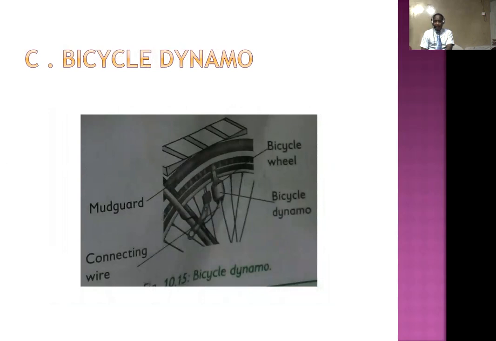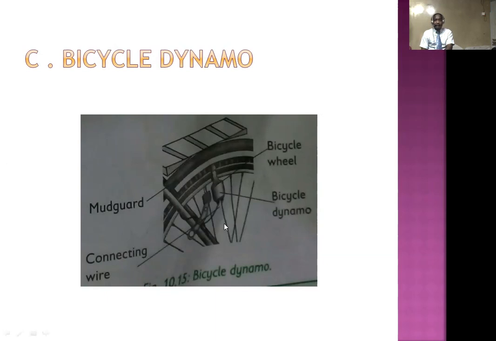It has a knob that rotates when the bicycle is moving to produce electricity. If you look properly, we have parts of the bicycle. We have the mudguard. The mudguard prevents the bicycle from spraying mud onto the user.